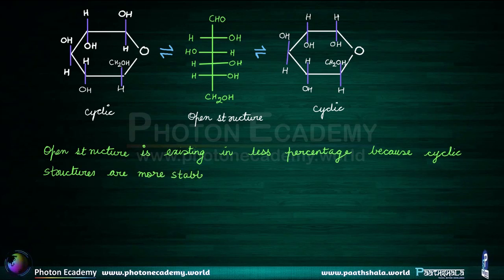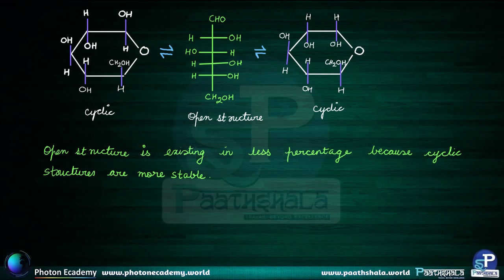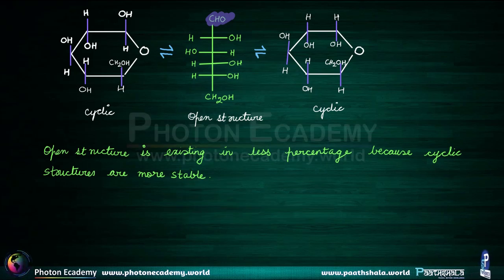Why? Because this double bond at the CHO group over here is breaking down, so this pi bond is breaking down and giving me 2 sigma bonds.